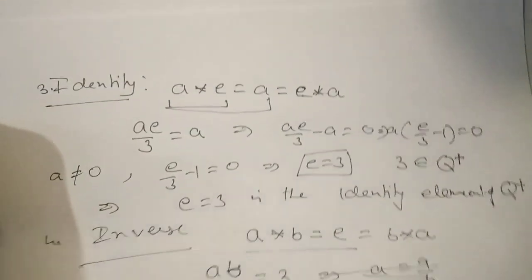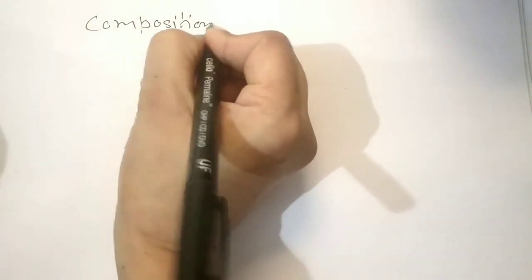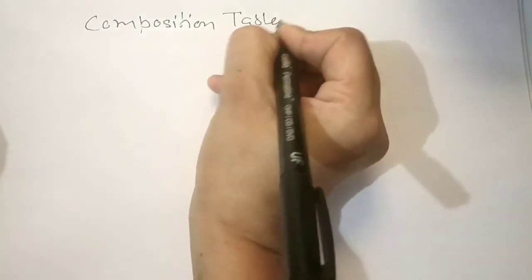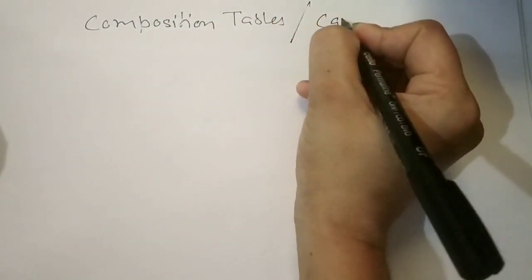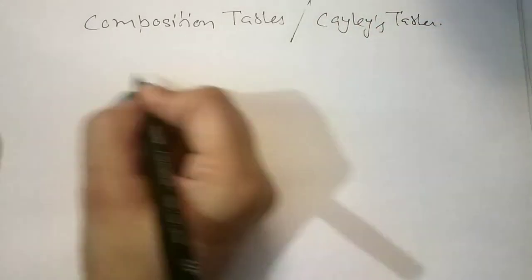Now the very interesting thing next is the composition tables. Composition tables are also known as Cayley's tables. What are these? These tables just give us a concise idea about the properties.